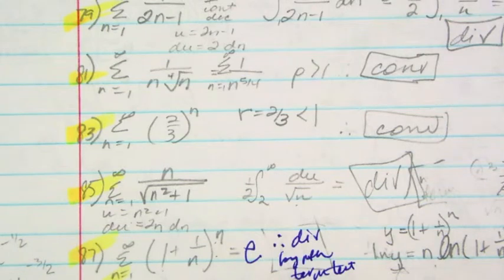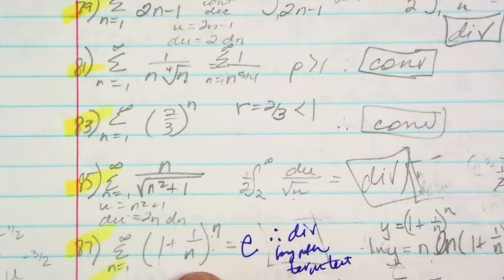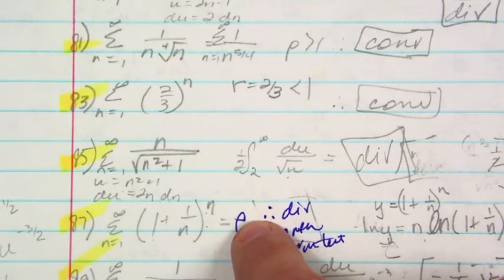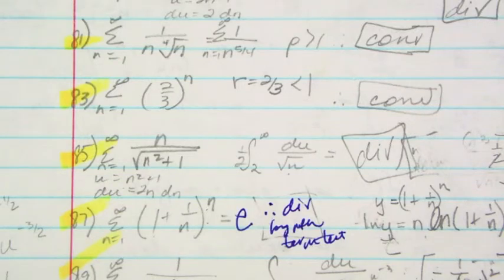I just did the nth term test because I know from over there on the board that the limit as n goes to infinity for this thing is equal to e. And if I do the nth term test and I get a value other than 0, I know that it automatically diverges. What would make that equal 0? It would always equal like e to something, right? This, the limit as n goes to infinity, this thing is e.